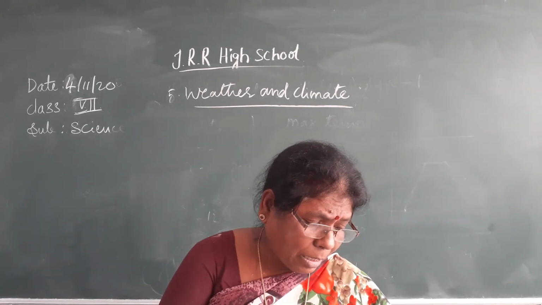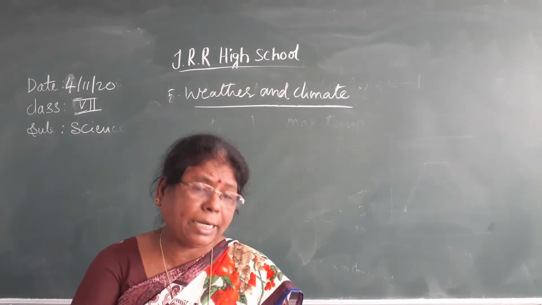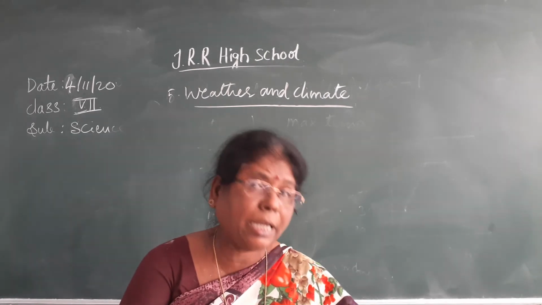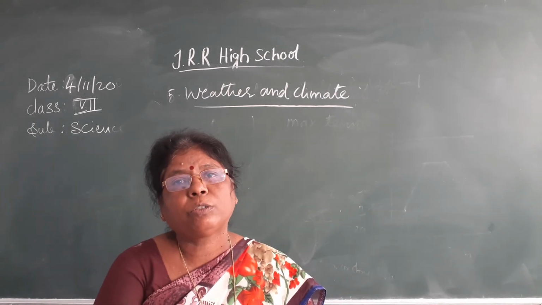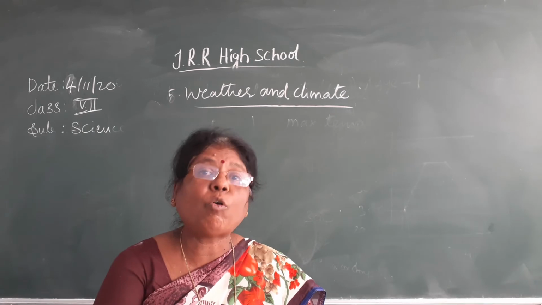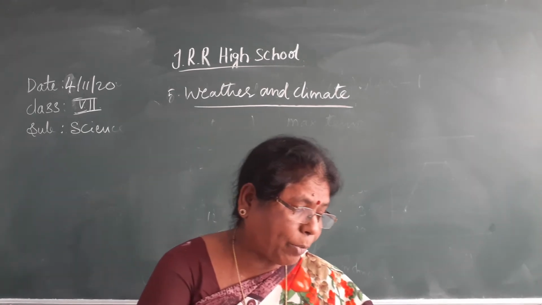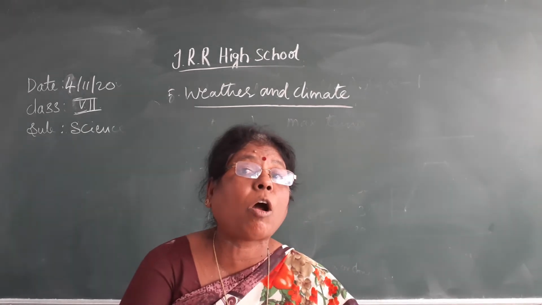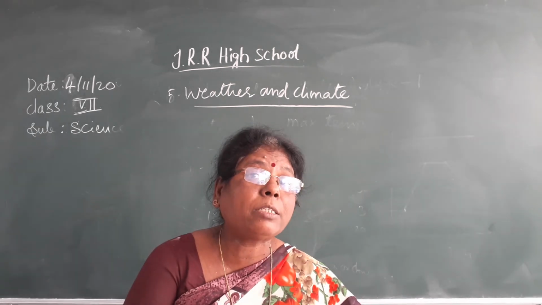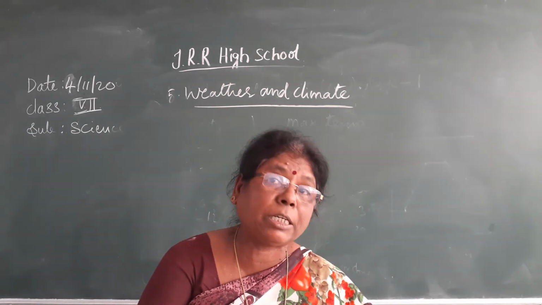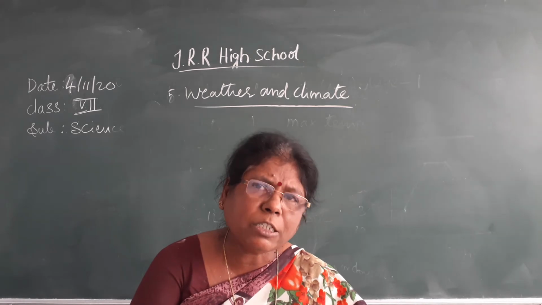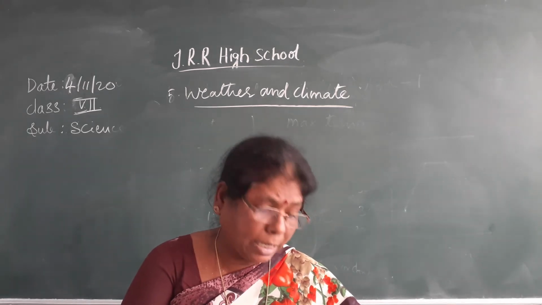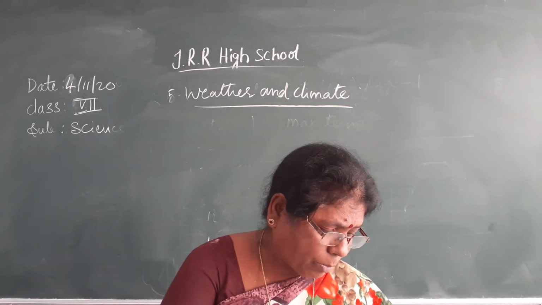The report that explains the past condition is called a weather report. What has happened? Maximum temperature was recorded, 42 degrees Celsius in Ramagundam. That is past. It is a weather report.